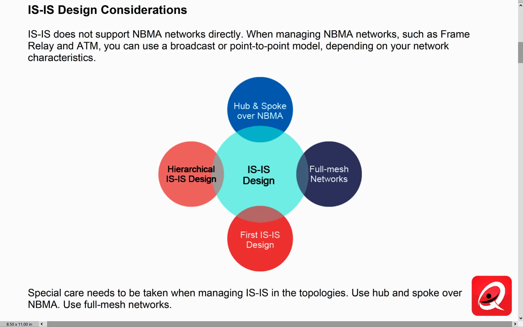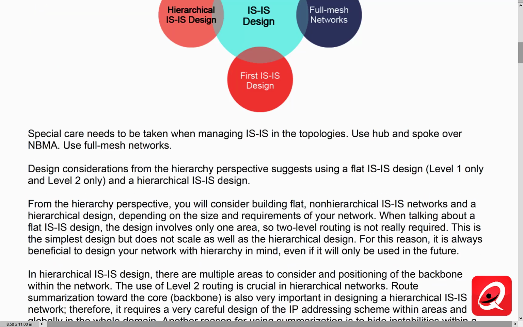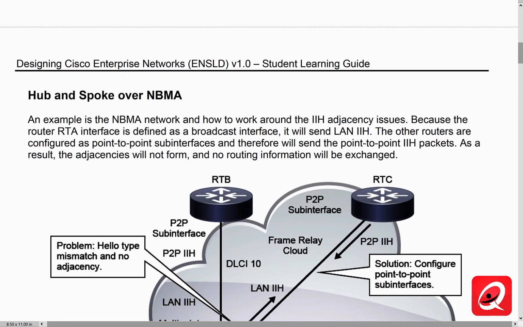It also hides issues if there's a particular problematic network that continues to go up and down and so on. But it's all the same considerations that we would have in an OSPF design, right? So it's basically the same types of questions you would ask yourself.